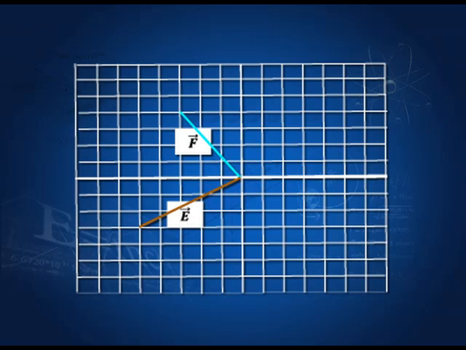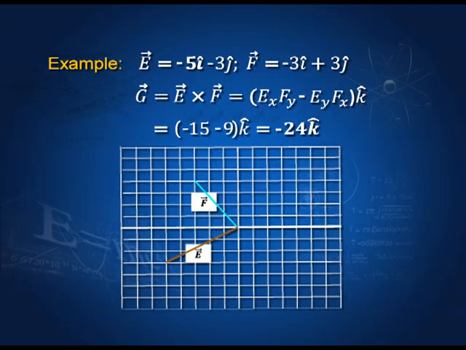Let us take an example to understand once again the cross product between two vectors. Here we have taken vectors E and F. You can see in the diagram that vector E is minus 5 times i cap minus 3 times j cap, and vector F is equal to minus 3 times i cap plus 3 times j cap.